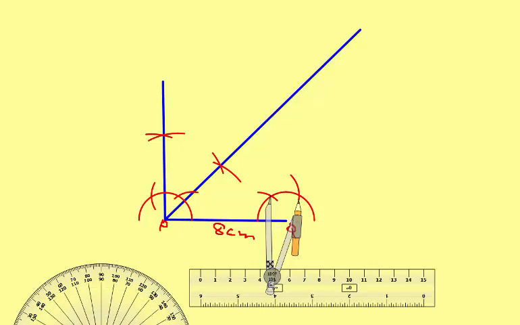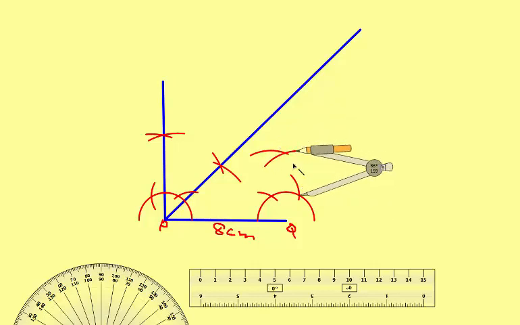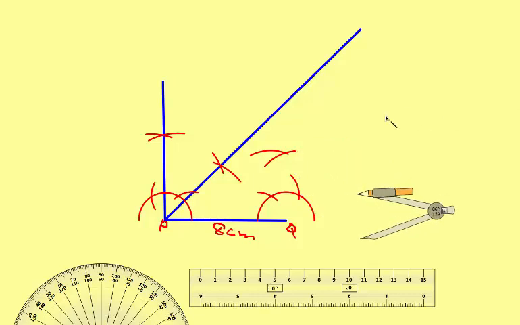So from this point we can now open our compass to this other point. Good. So we have a point of intersection.